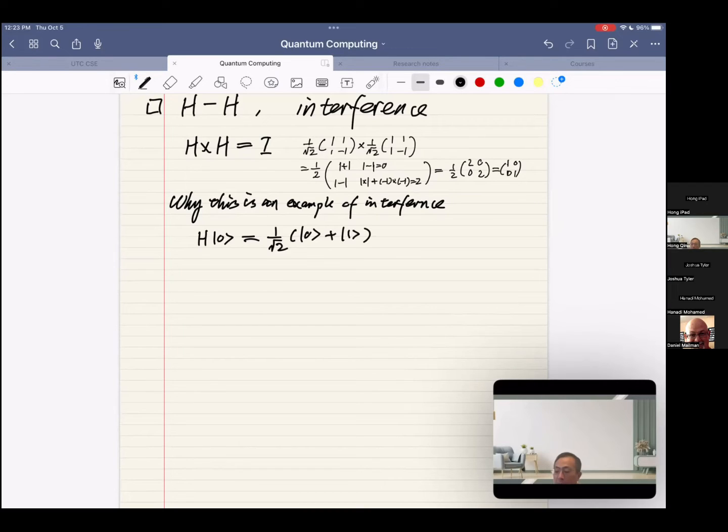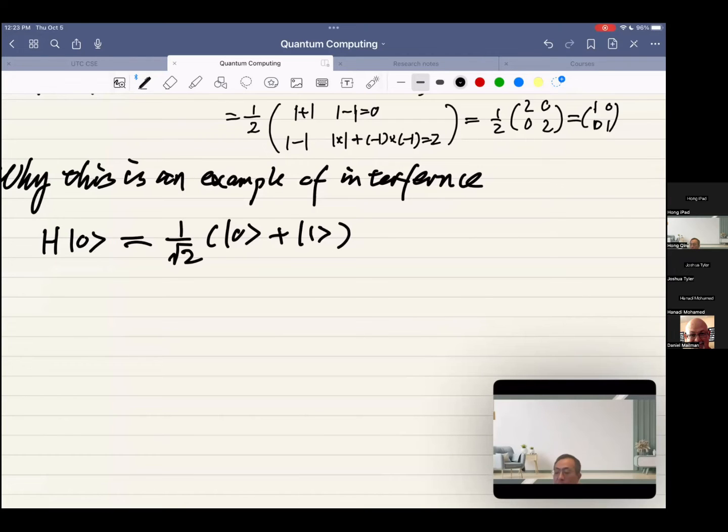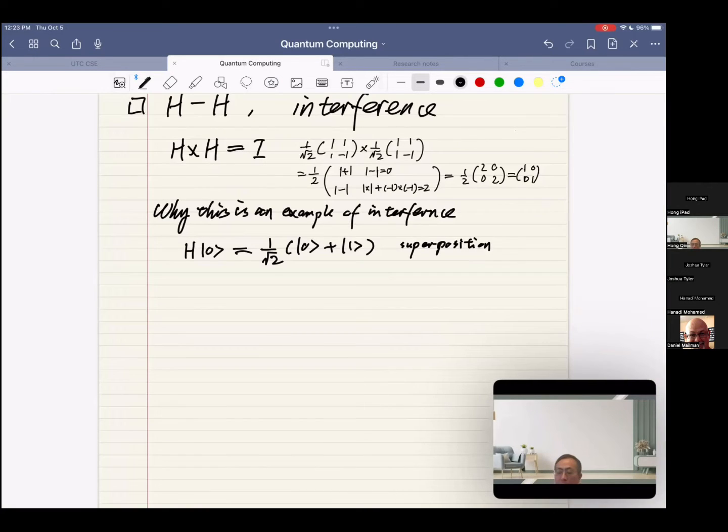So the first step is superposition. This is the first time.